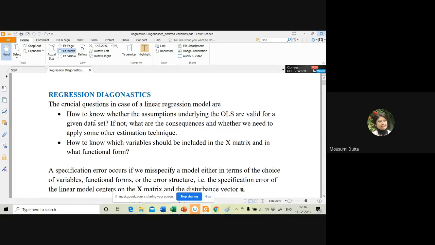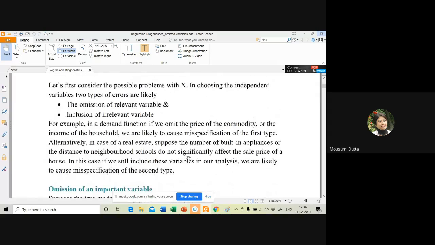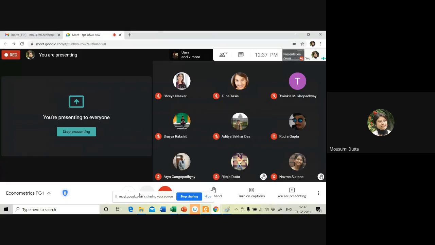Yesterday I mentioned that we need to look at the X matrix. Is there any problem regarding the X matrix? And we need to check what are the real properties of U in this section. When we talk about the X matrix, please go through it. I have an important phone call.